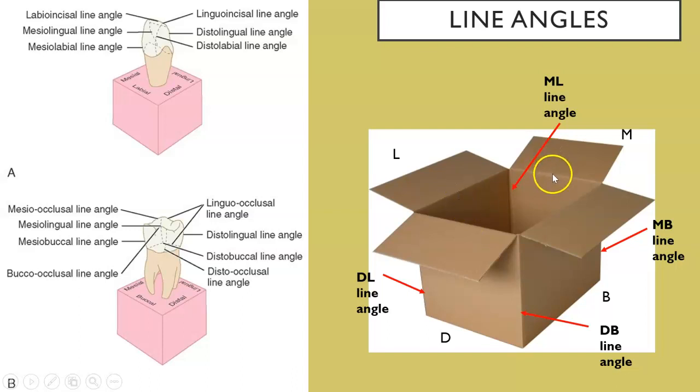This is your mesio-occlusal line angle. And then this one would be either your bucco-occlusal line angle, or if this were an anterior tooth, your facio-incisal line angle here. So just as you have on the sides, you can have at the top as well. Where two surfaces meet and come together is considered a line angle.